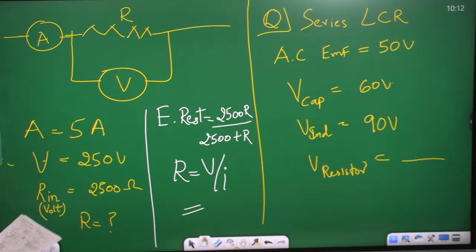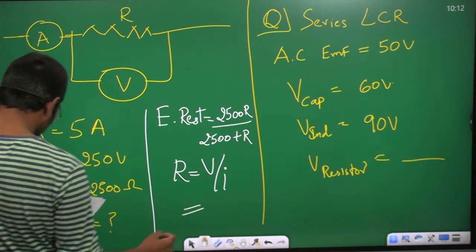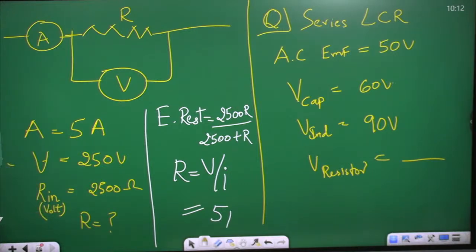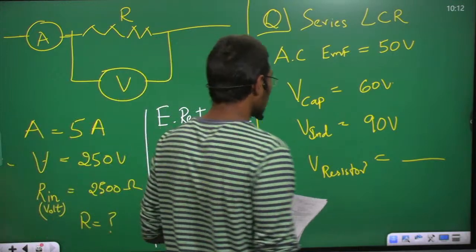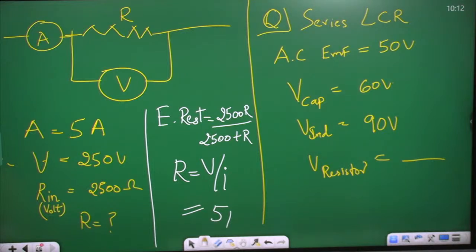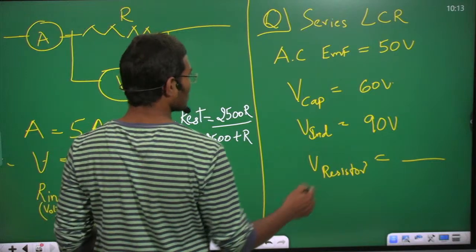How much you get? 2500 into R. See, you will get 51. 51, right? So how to do this second question? Okay, Soumya, right? See here it is given as 50 volts, right?